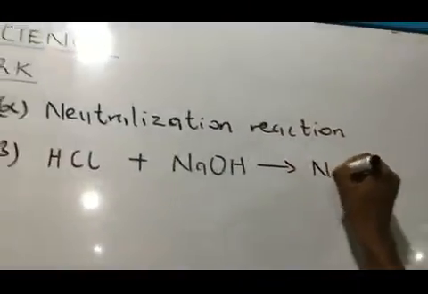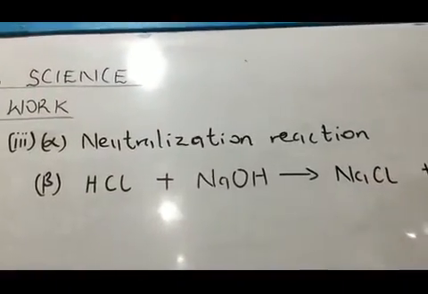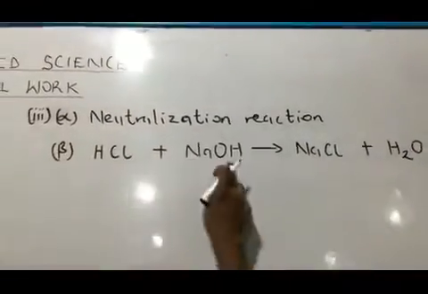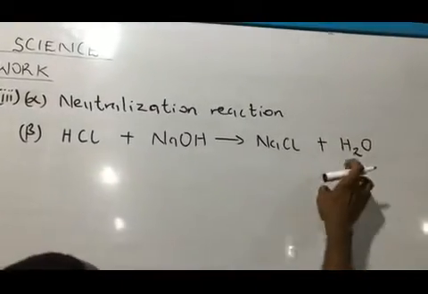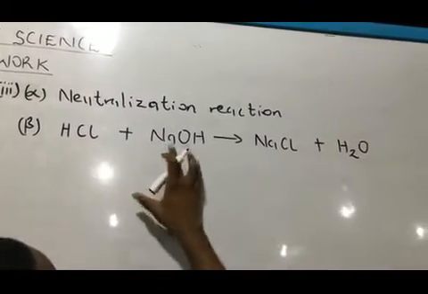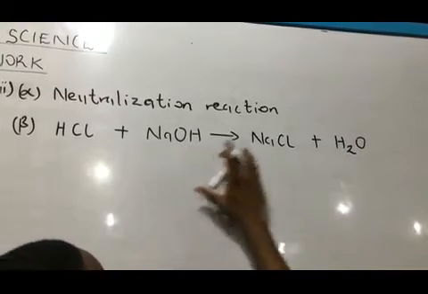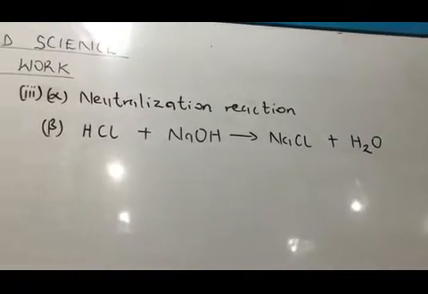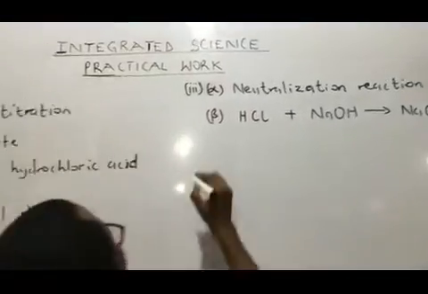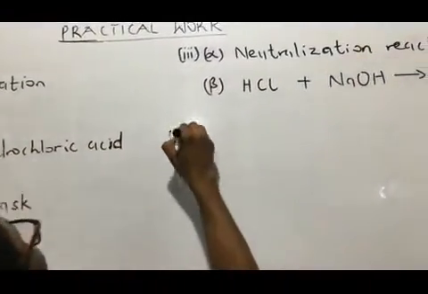You form sodium chloride and water. Hydrogen is one here, there's another one making two, so hydrogen has two on both sides. Chlorine is one, sodium is one, oxygen is one. So that's the balanced equation.